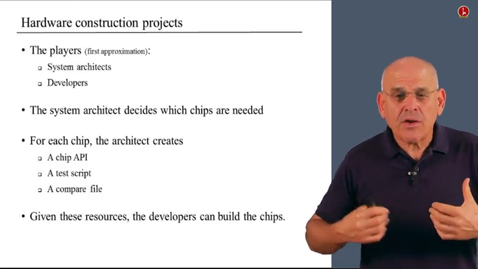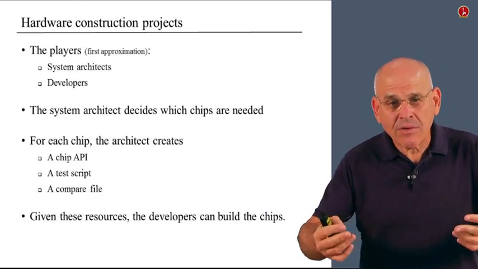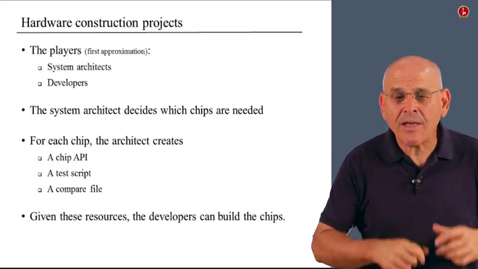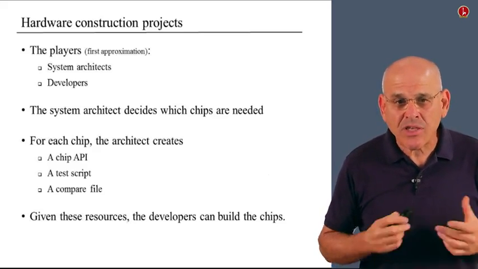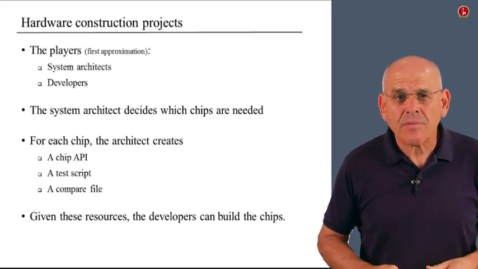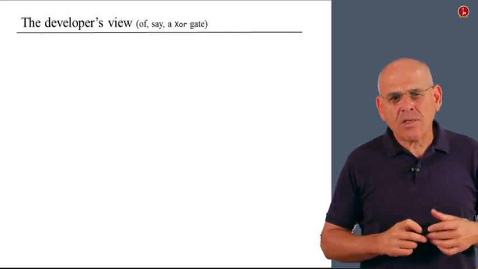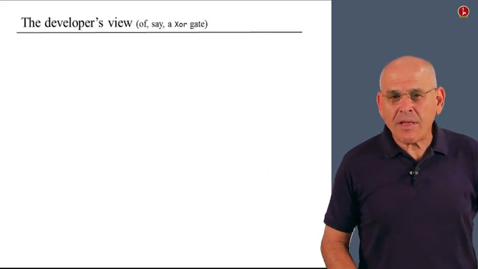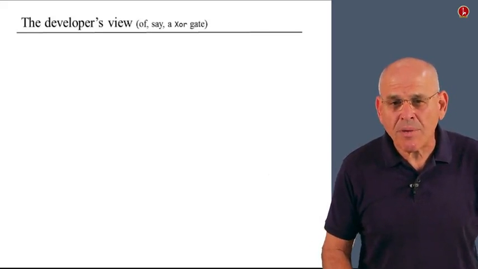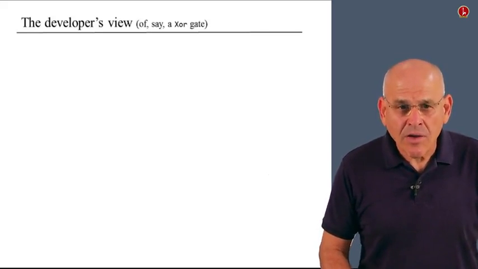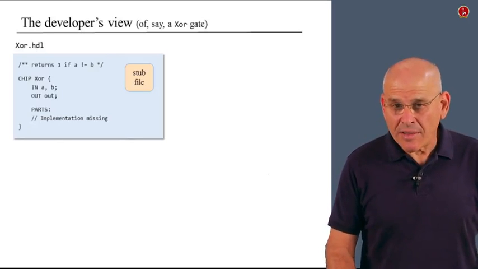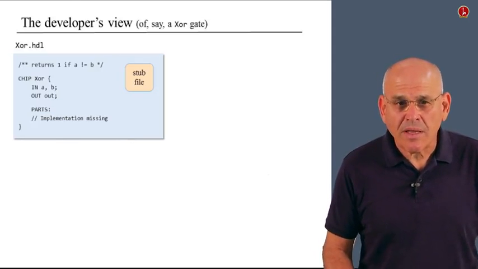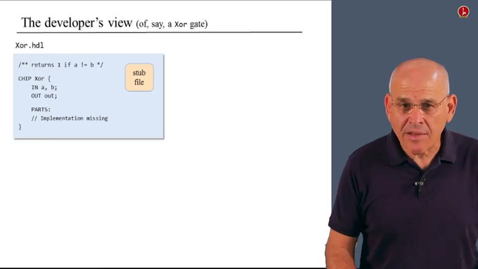So we, Noam and I, the course instructors, play the role of the system architects, and you guys are playing the roles of the actual hardware developers. All right, so the developer's view, your view of a particular chip, when we tell you to build a chip, here's what you get. You're going to get a stub file that contains the documentation of the chip that you have to build along with its interface.